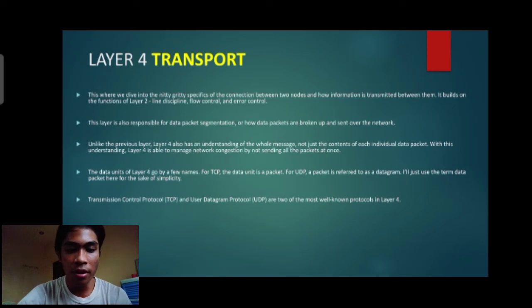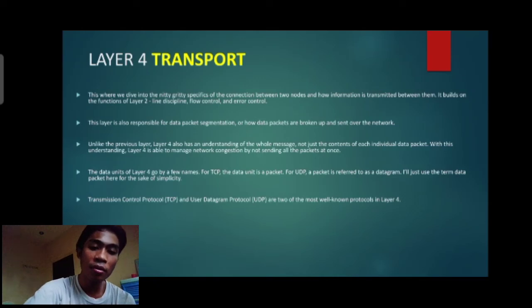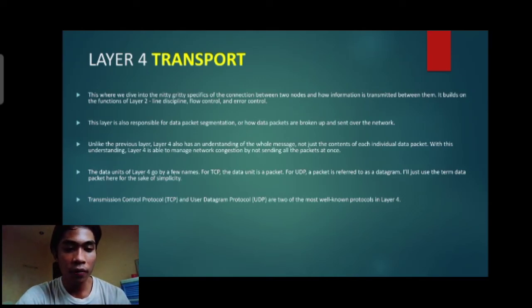Transmission control protocol, TCP, and user datagram protocol, UDP, are two of the most well-known protocols in layer 4. As we said earlier, TCP is very useful for exchanging information over the network.